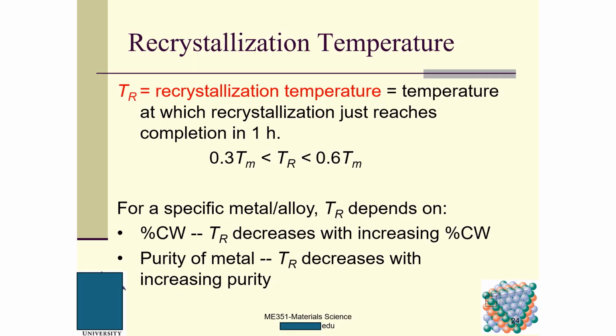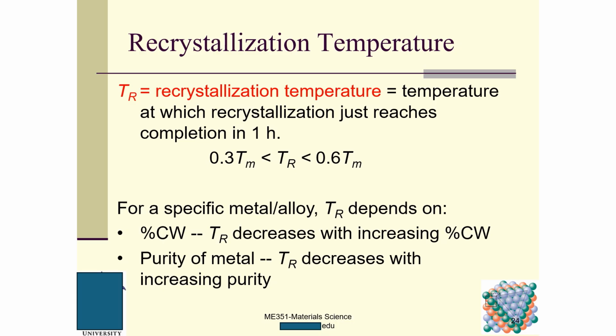Then we talk about recrystallization temperature. Tr is the recrystallization temperature, and it equals the temperature at which recrystallization just reaches completion in 1 hour. I'm going to test your understanding of this concept.